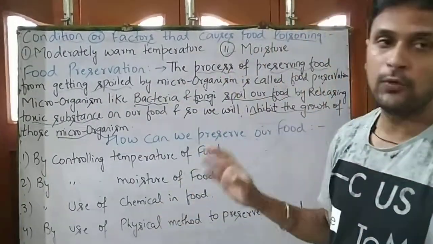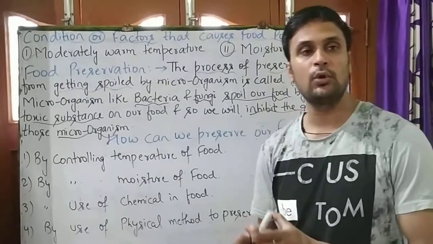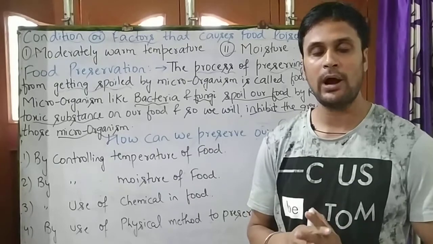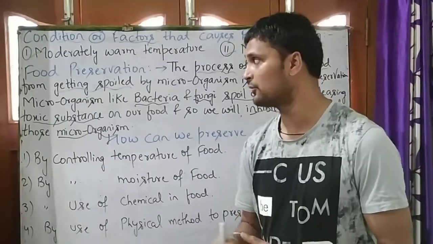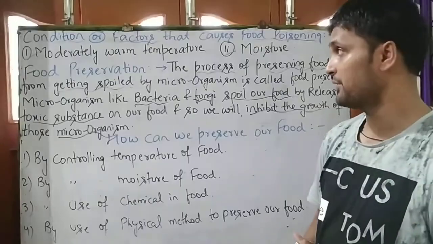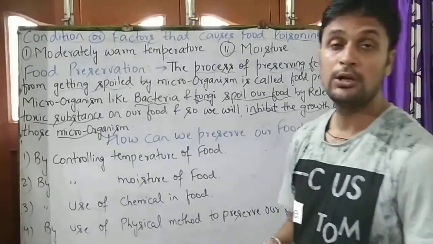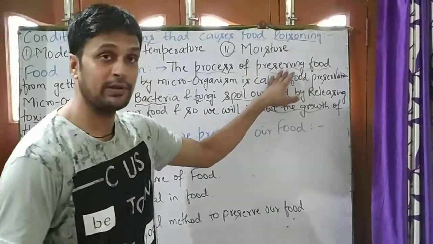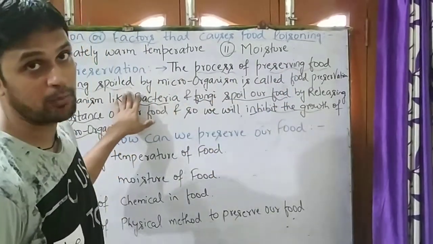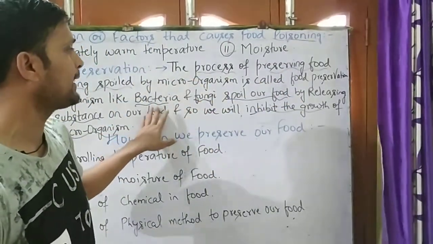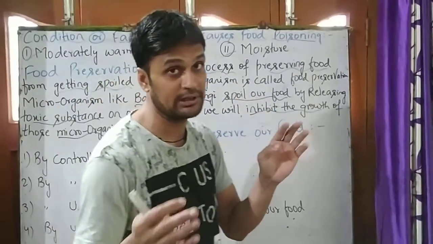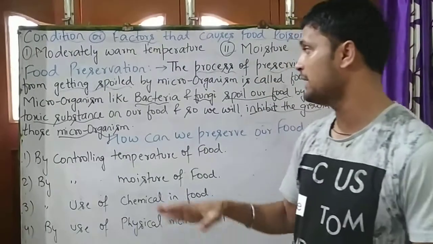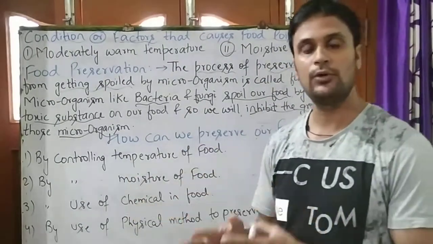This is known as food preservation. So what is food preservation? The process of preserving our food from getting spoiled by microorganisms like bacteria and fungi, which release toxic or poisonous substances in our food, is known as food preservation.